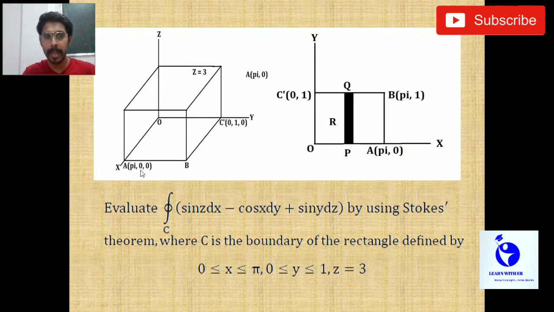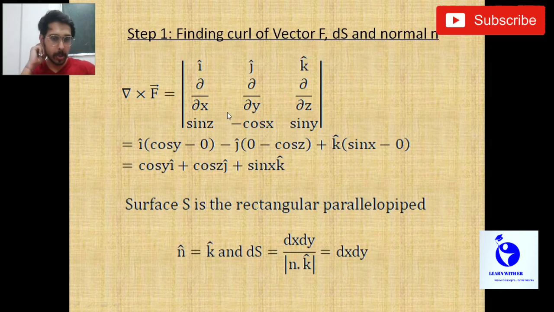A is pi, 0, so A will be here at pi, 0, because we are only considering the xy plane. B will be pi, 1, because we have ascended 1 unit. Since O to C is 1 unit, A to B will also be 1 unit. So B is pi, 1, and C is 0, 1. This is the section that has been drawn here.